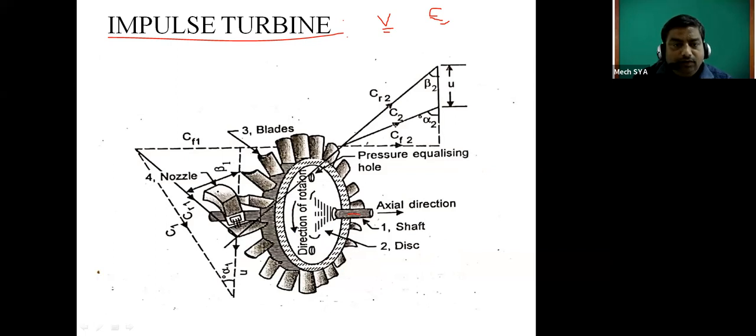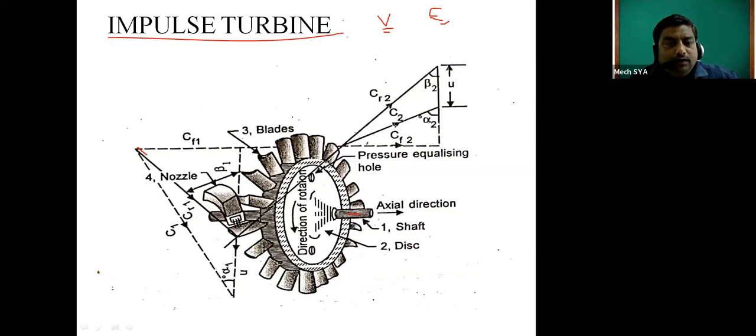Now this is one nozzle, and from the nozzle the steam is impacting on the blades. It is impacting in the tangential direction. Tangential means tangent to this particular thing. So from this nozzle the steam is coming, impacting on the blade.